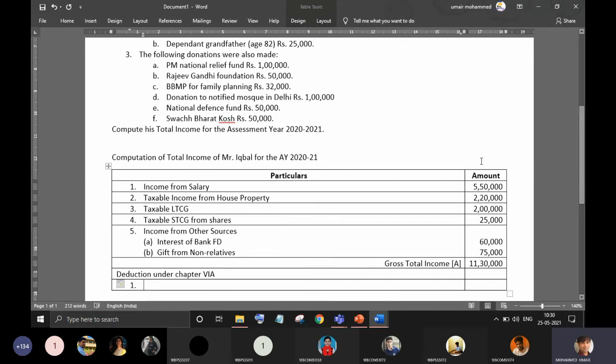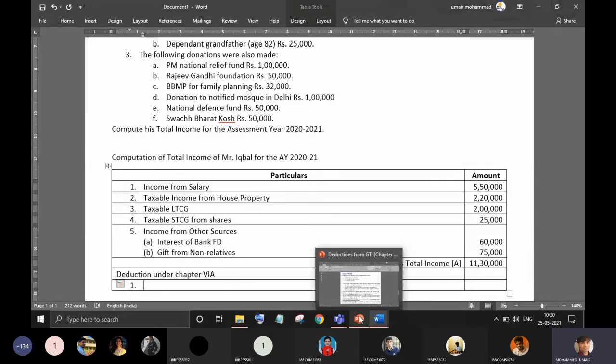So first deduction here is donation to Prime Minister's National Relief Fund. So we should know which category this falls under, whether category A, B, C or D. So this is the main task which you have to do.